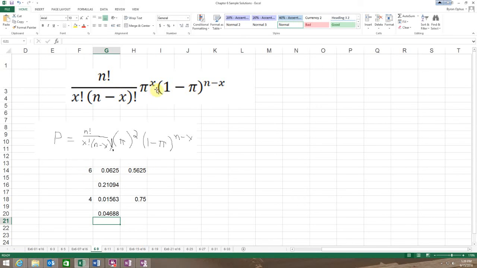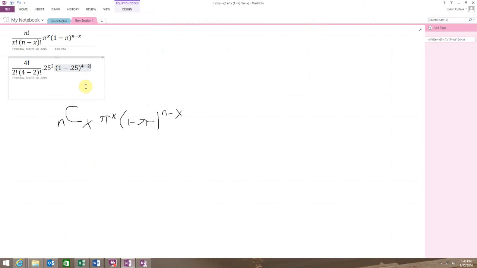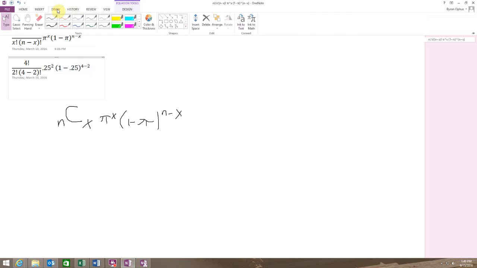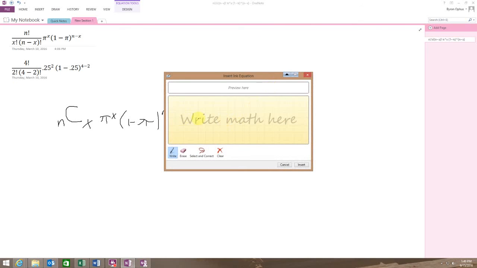If you want to know how I got this equation, I went to OneNote. There are other programs. I think you can do this in Word. I've done it in Word before, but I couldn't find it today. But I used OneNote, Draw, and Ink to Math. Okay, and it gives me this where I can write out an equation, like x plus y equals 3 or something like that.